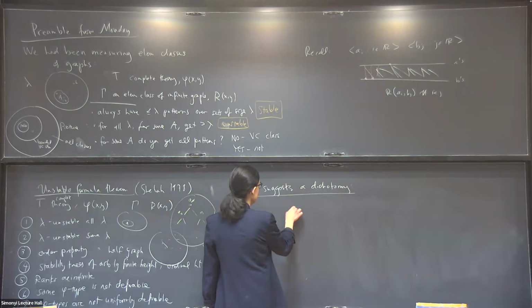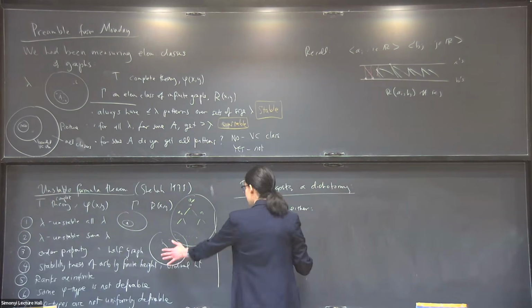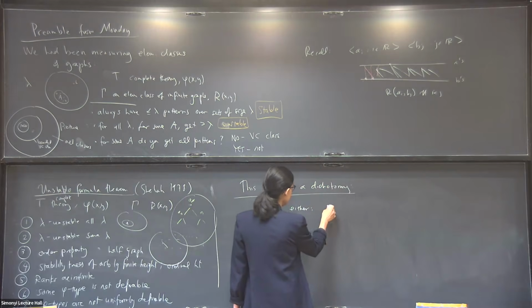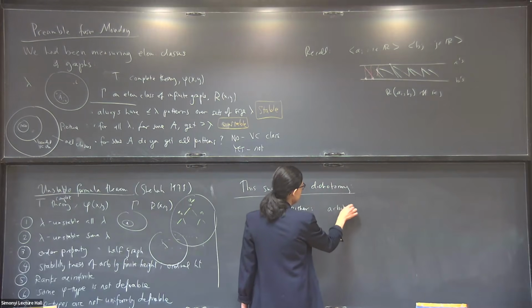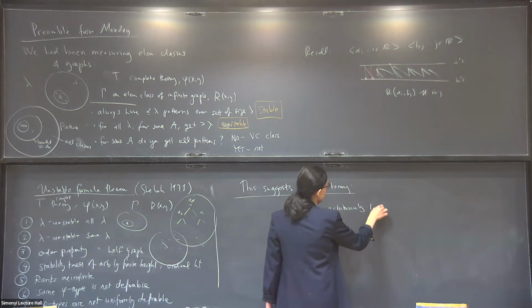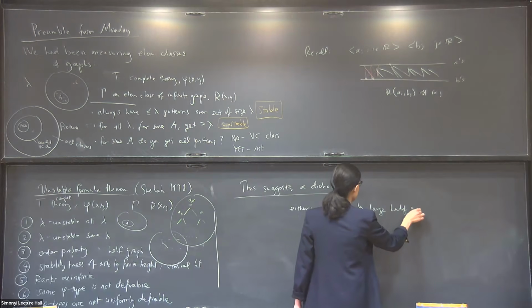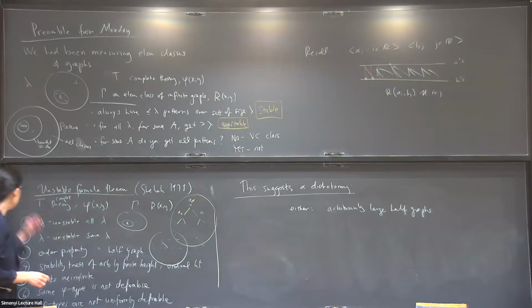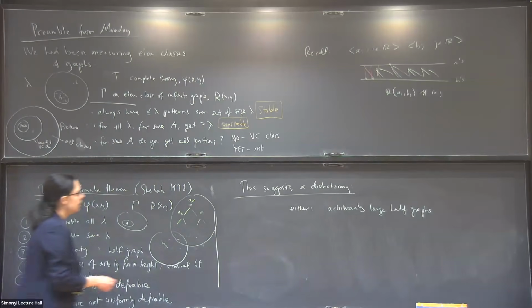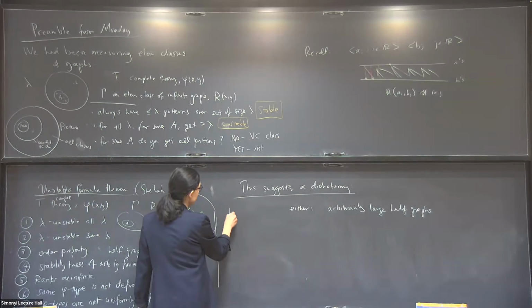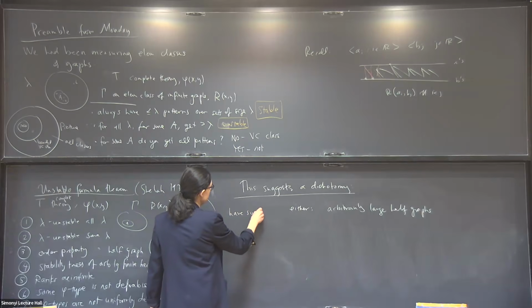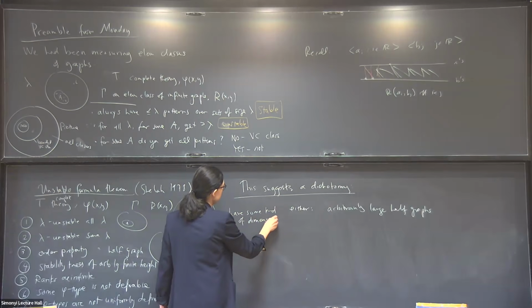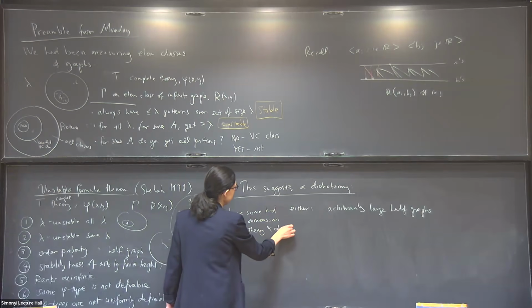Either you are unstable, you have infinite Littlestone dimension, so you have arbitrarily large half graphs, or you're stable, you have finite Littlestone dimension, you're online learnable, and in this case, you have some kind of dimension theory and sometimes definability.